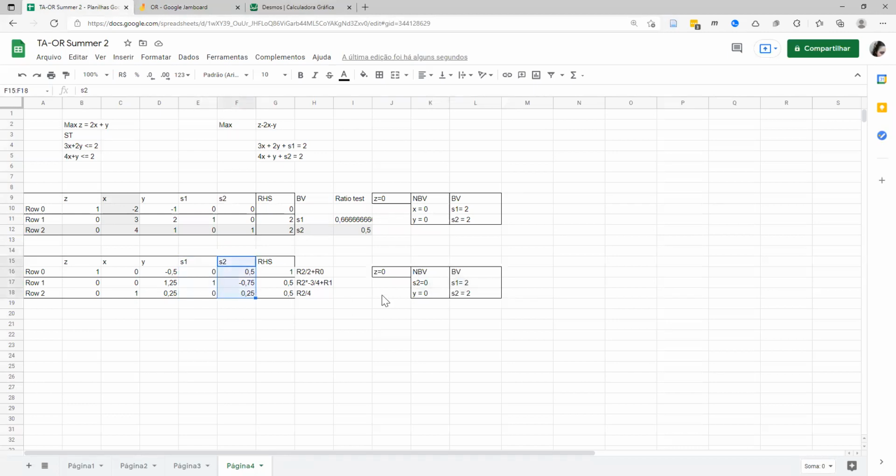It has a different form, so it means that this variable is not in the base. And our basic variables are going to be x, that is going to be half, and S1, that is also going to be half.